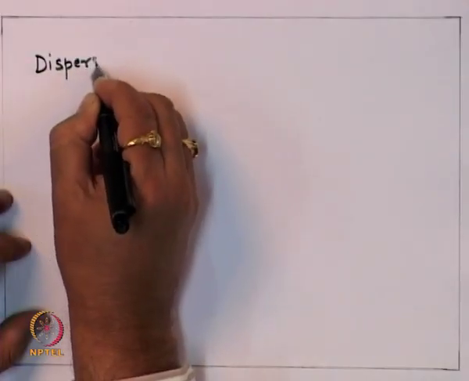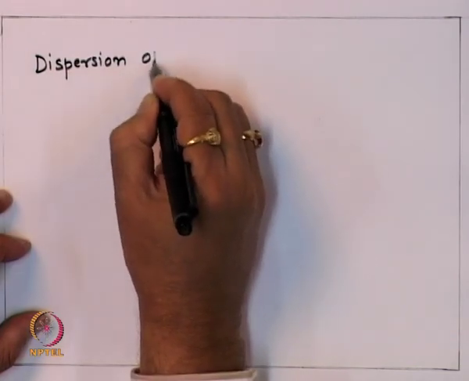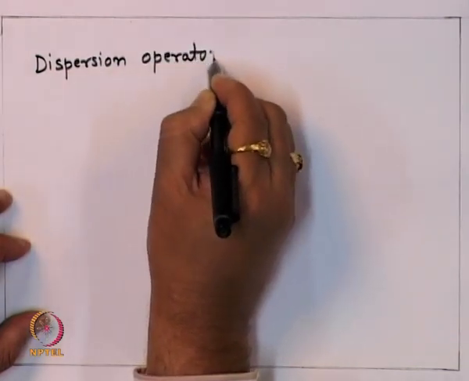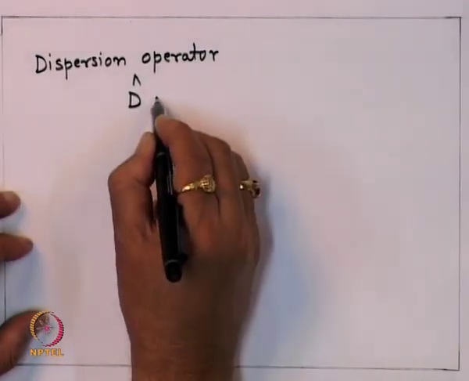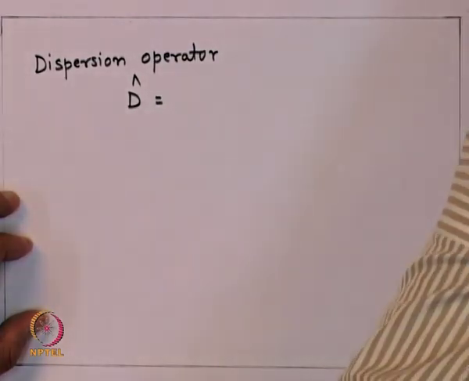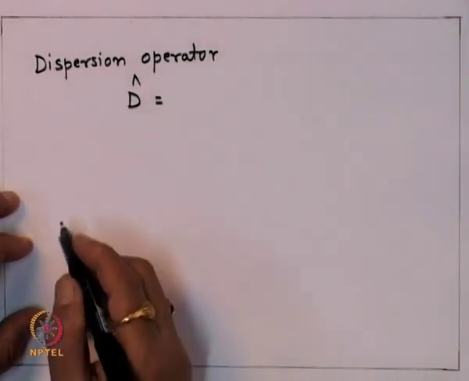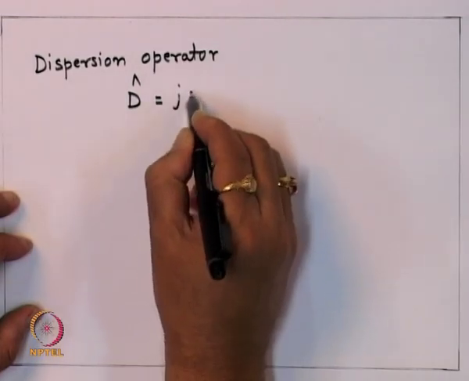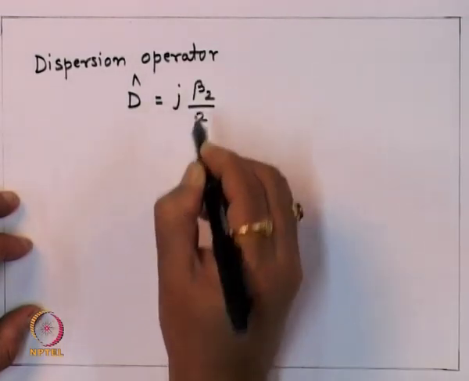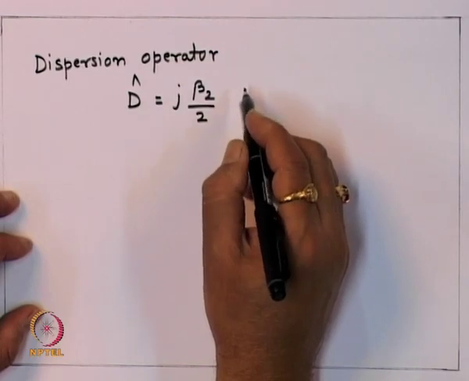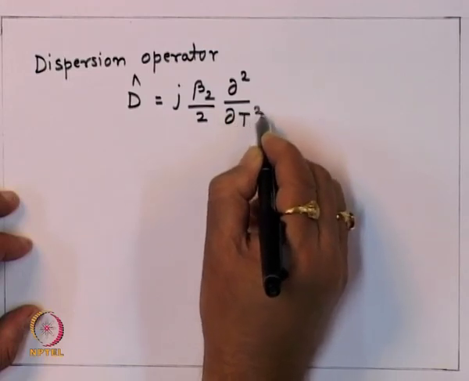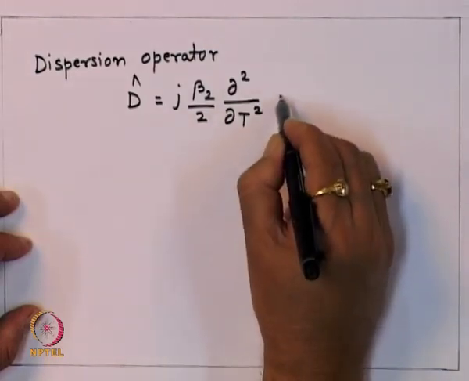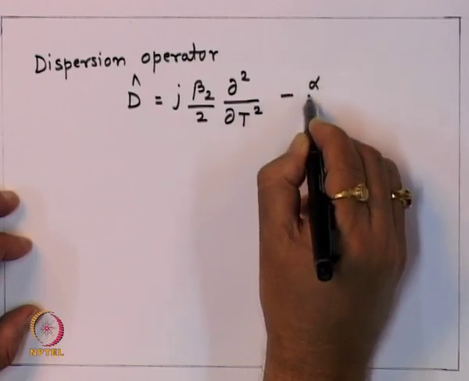Let us define a dispersion operator, D cap, equal to j beta 2 by 2 d 2 by d t square minus alpha upon 2.